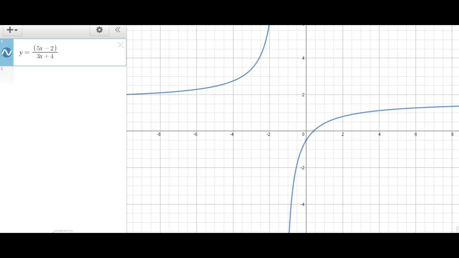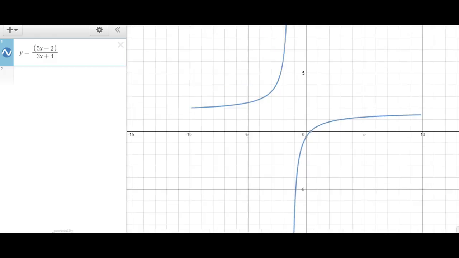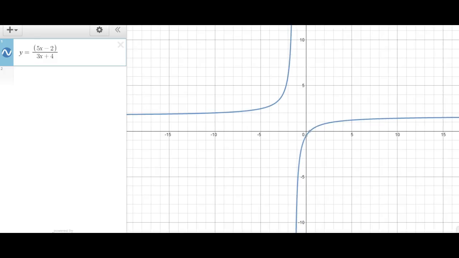What did we say it was? 5/3? So maybe just change the scale a bit. Okay, so horizontal seems to be around here, and this is 1, 2, 3, 4, 5, so it's tending out. Looks like it could be 5/3. And then we said -4/3, so 1 1/3. That seems reasonable.